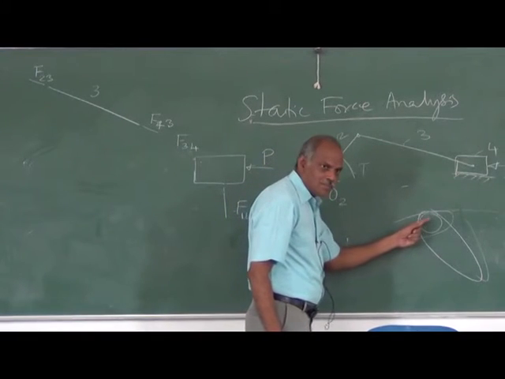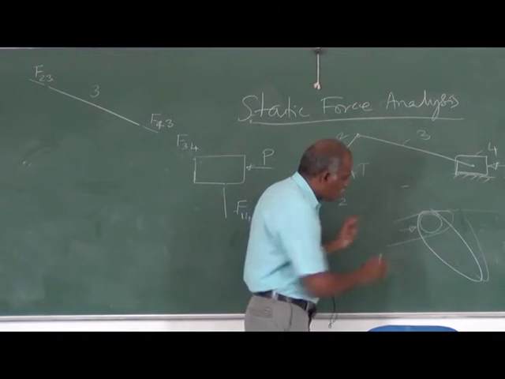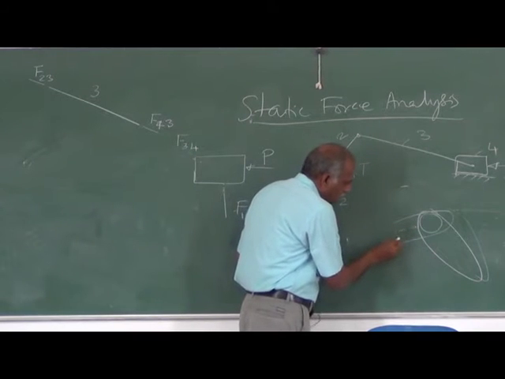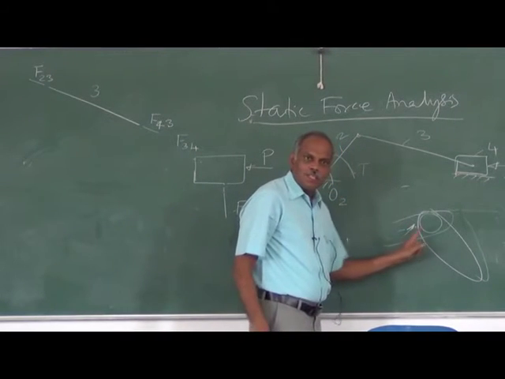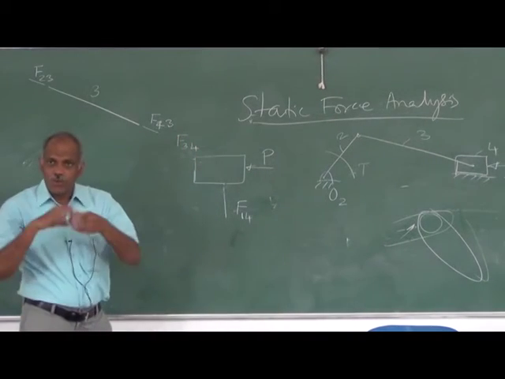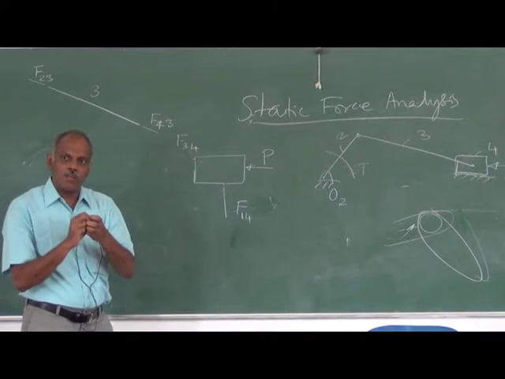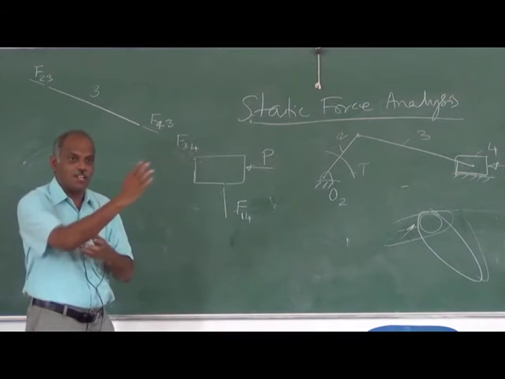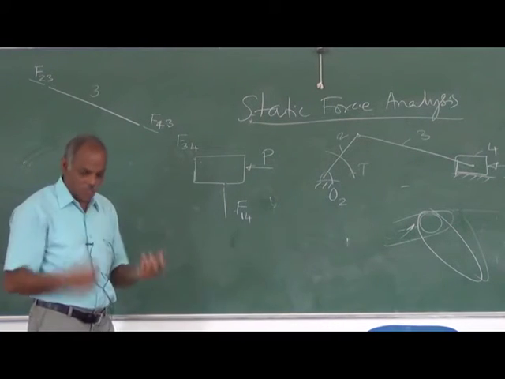So through the pin it will be transmitted exactly. Suppose I apply the force at an angle, the same angle it will be transmitted. So the revolute joint can only transmit force, but it can transmit force in any direction. It need not be in one direction.